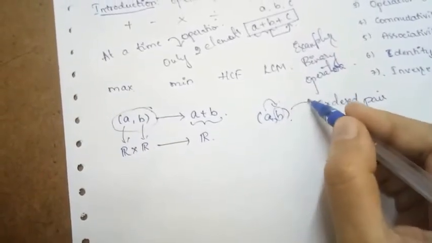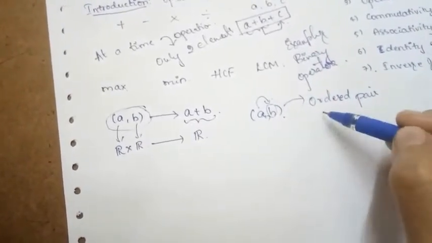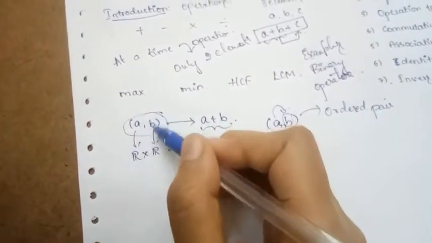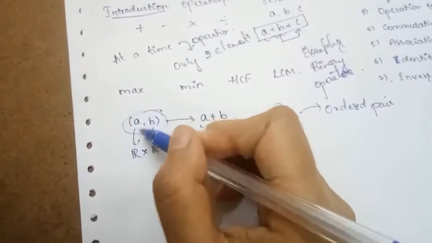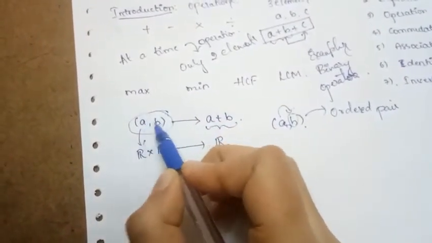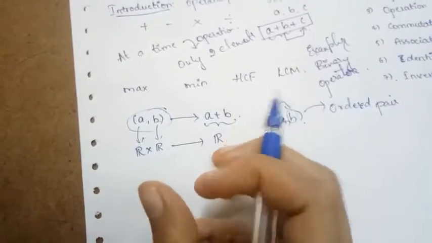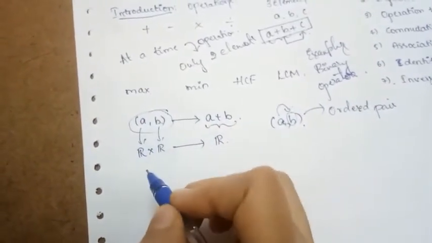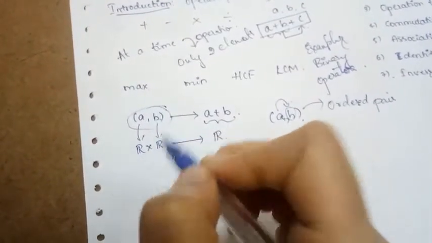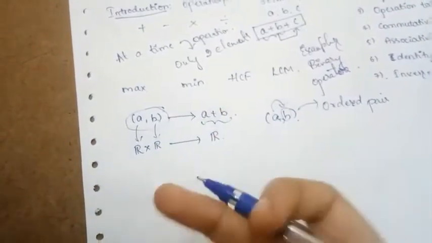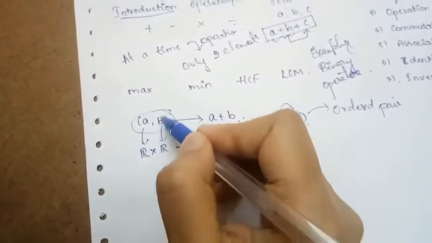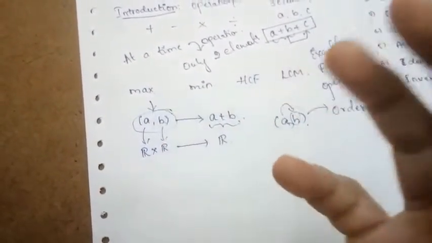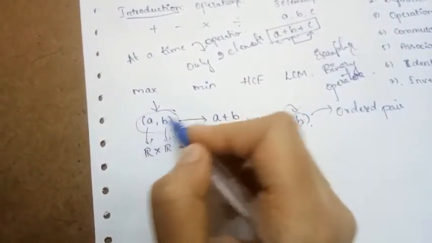Here B is not the image of A. Here these are any two elements from the set of real numbers, and whatever operation we involve is applied between these two numbers.